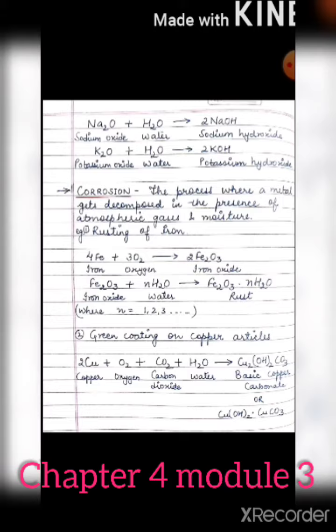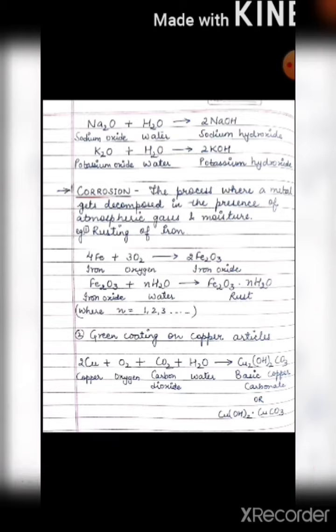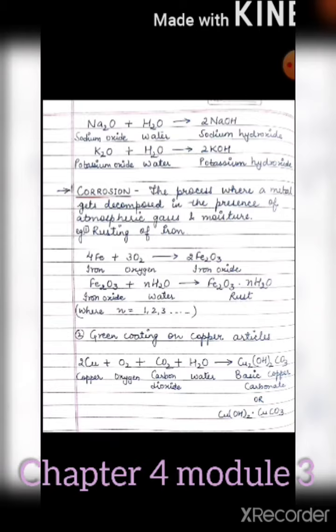So here the reaction is like this: 4Fe, that is iron, plus 3O2, oxygen, will give 2Fe2O3, that is iron oxide. When Fe2O3, iron oxide, reacts with water present in the atmosphere again, it will form Fe2O3.nH2O.